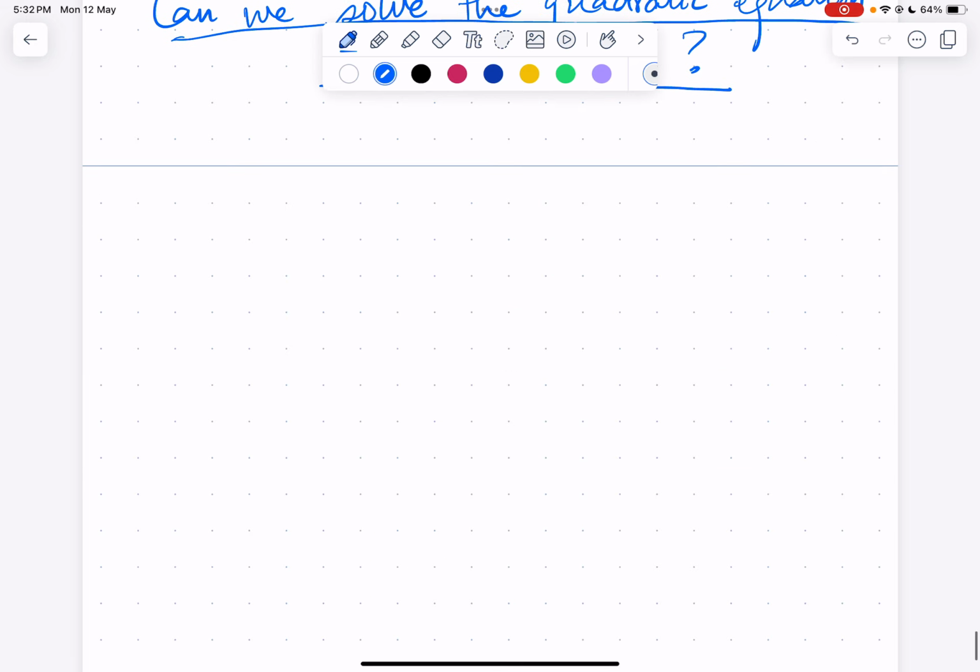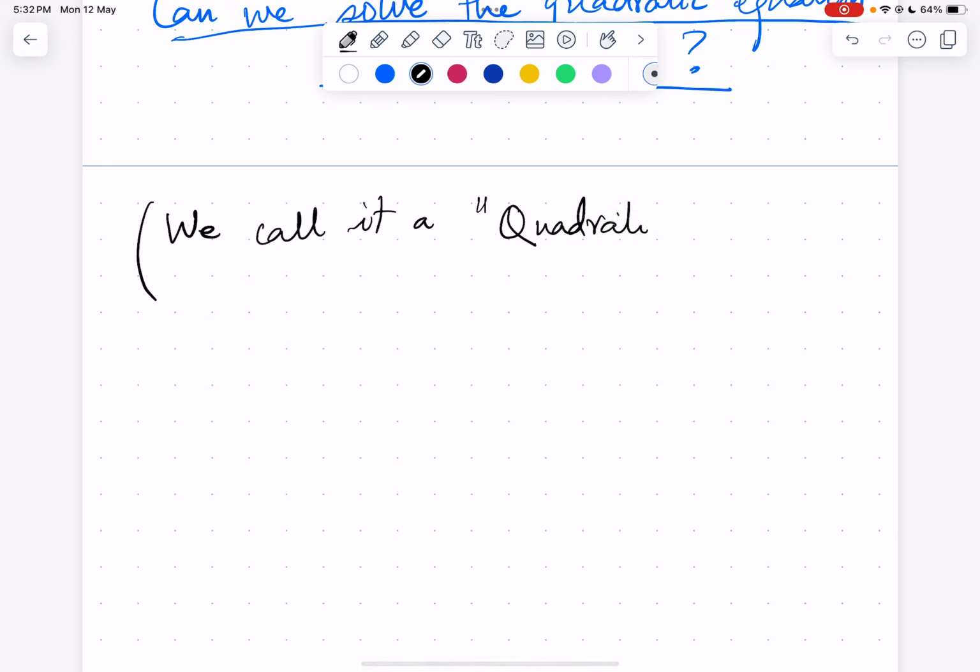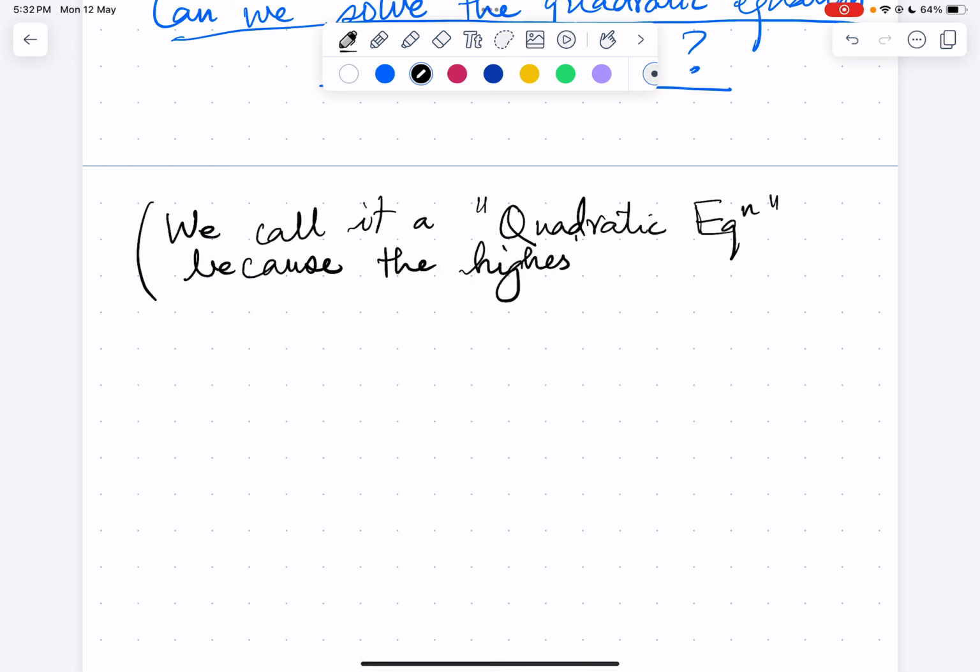So by the way, we call it a quadratic equation because the highest power of x which is appearing is 2, x square.